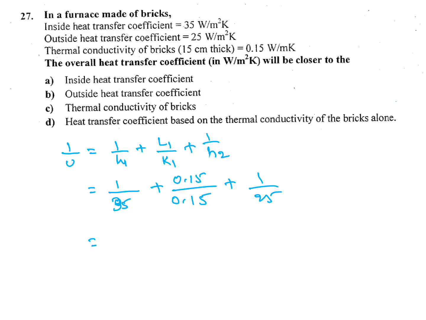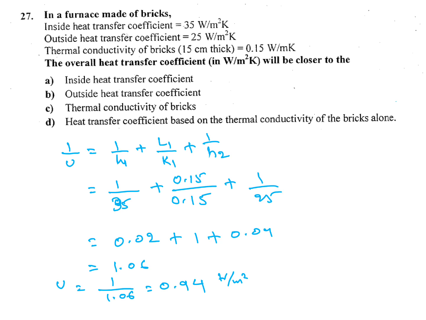We will get around 0.02 plus 1 plus 0.04, so it will come 1.06. So U equals 1 by 1.06. It will come 0.94. Convert it, 100 by 106. So it will come in watt per meter square Kelvin.